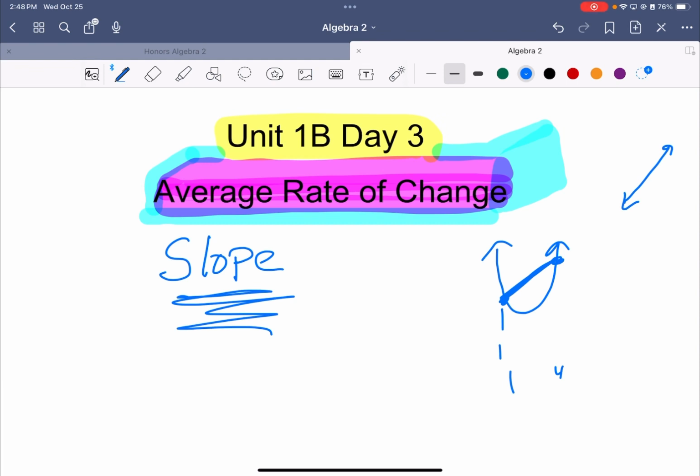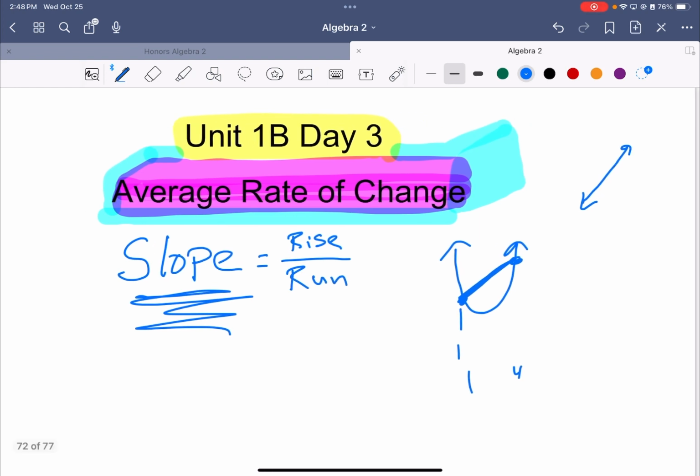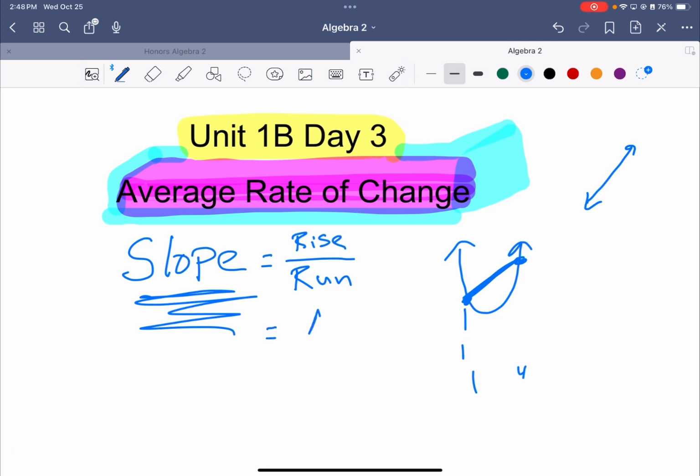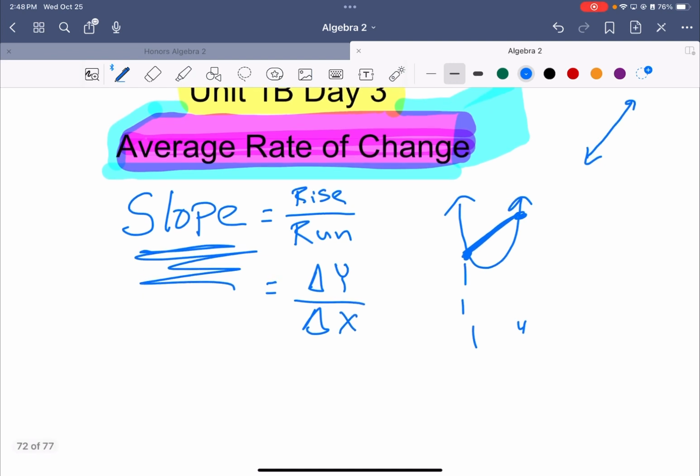The nice thing about it is that average rate of change is still going to be your rise over your run, just like it was before. That's what slope is. It's rise over run. We've also defined that as the change in y over the change in x. Just another way to say it. How much has my y value changed over how much has my x value changed?